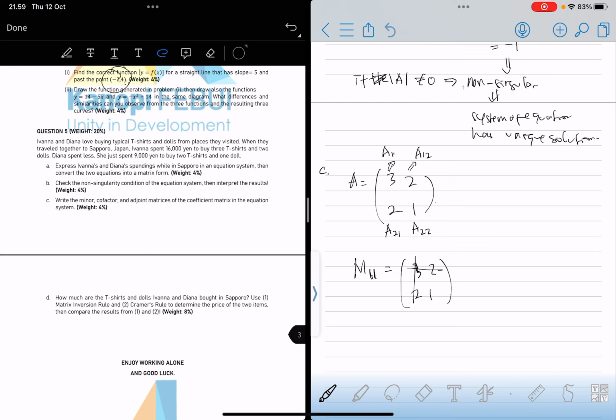So the remaining is 1. So minor 1,1 is 1.